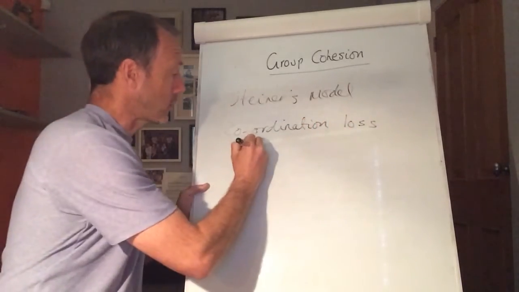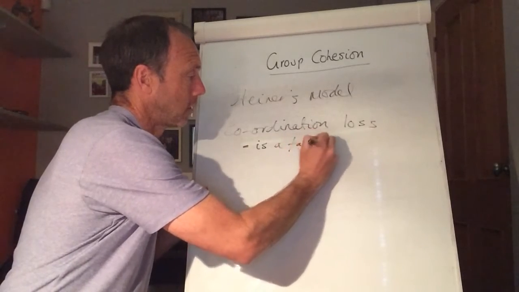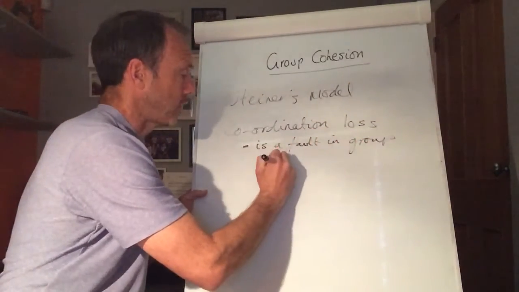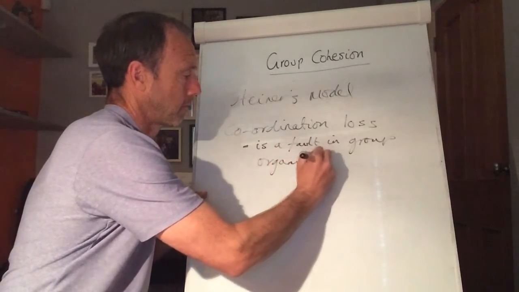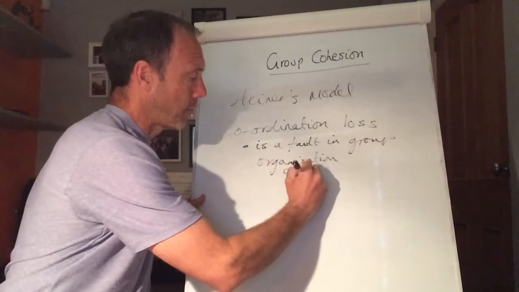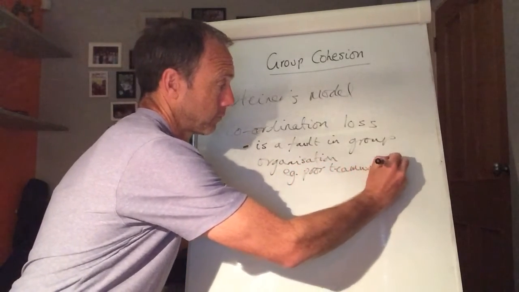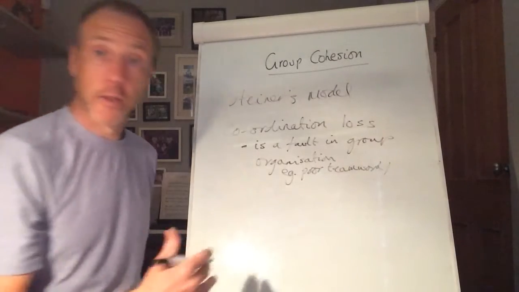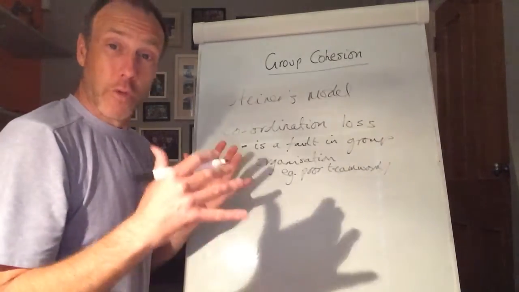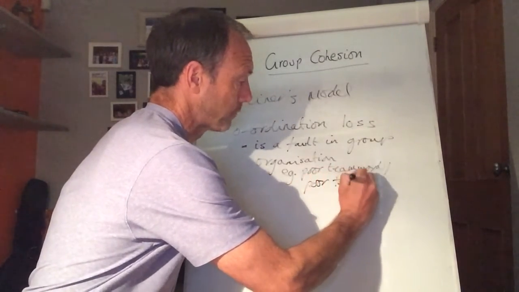And coordination loss is a fault in group organisation. So that could be poor teamwork, players not following the instructions they should have followed, people not looking after one another, people not working for the team itself, or it could be poor tactics.